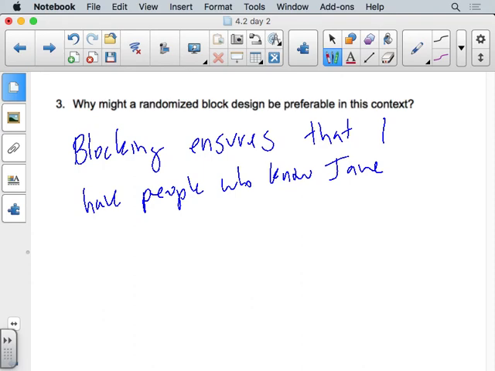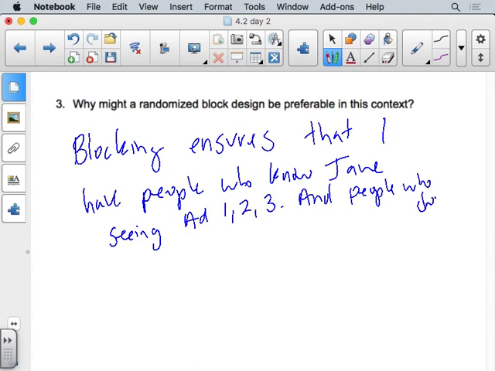So people who know Jane seeing ad 1, 2, 3, and people who don't. And then that's just going to reduce, so it reduces variability of answers.